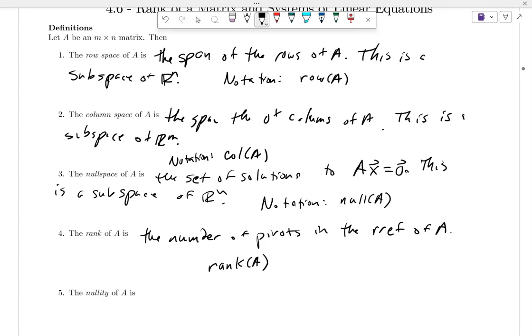Well, then the number of pivots is going to correspond to the dimension of that space, right? So this rank turns out to be the same thing as the dimension of the column space of the matrix. The rank is going to equal that dimension of the column space.